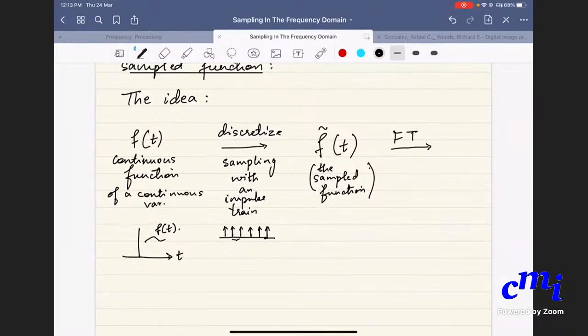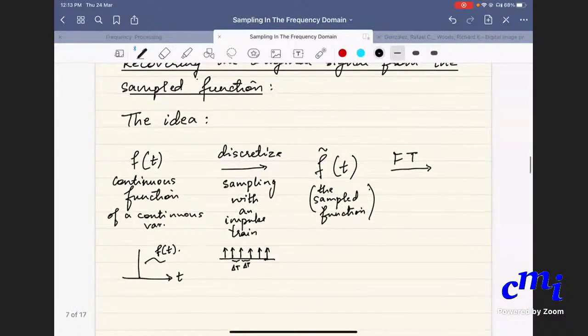if the distance in between impulses here is delta t, then it turns out that the Fourier transform here is a periodic function, with frequency related to this delta t. So I'll just draw something. This is just some periodic function.